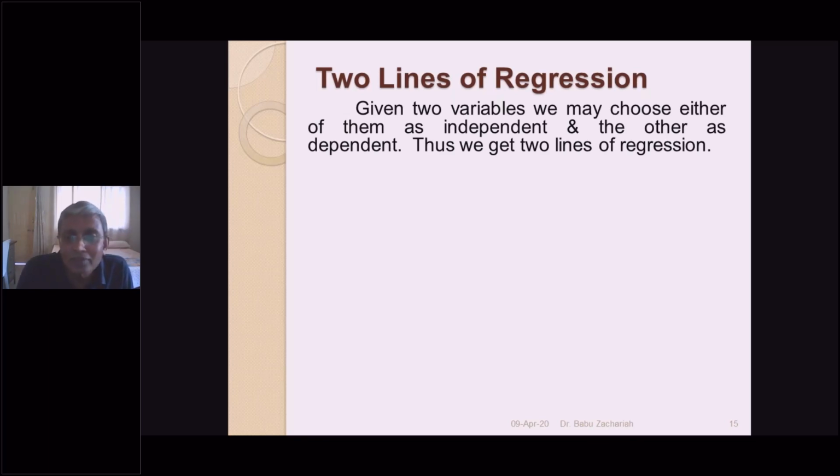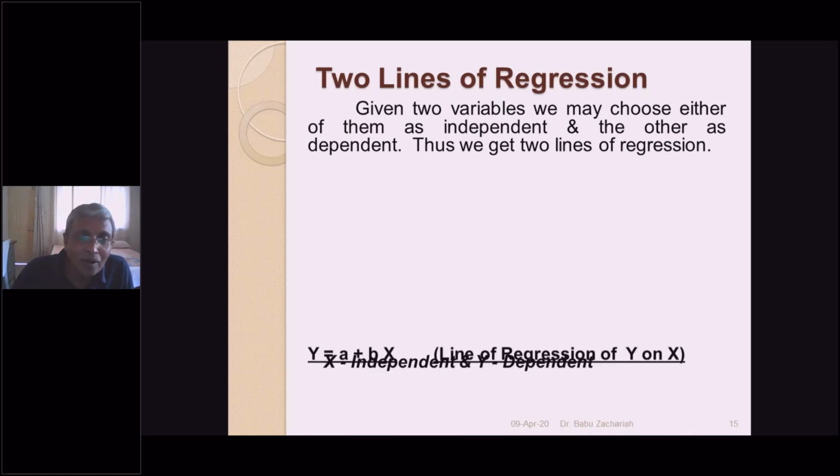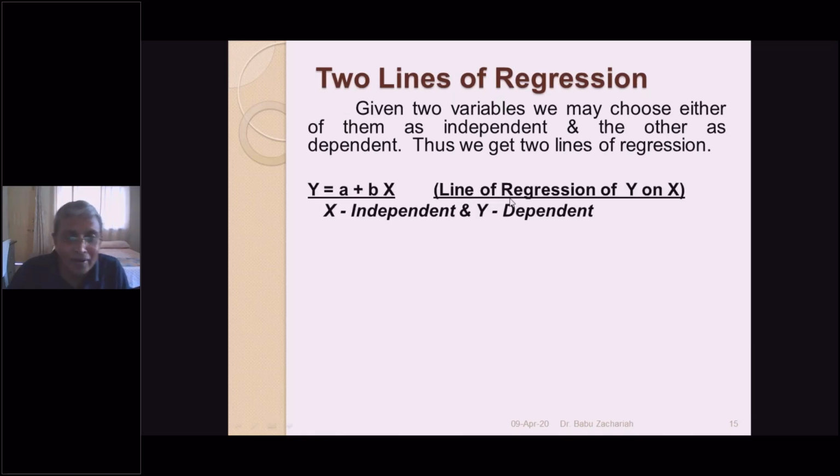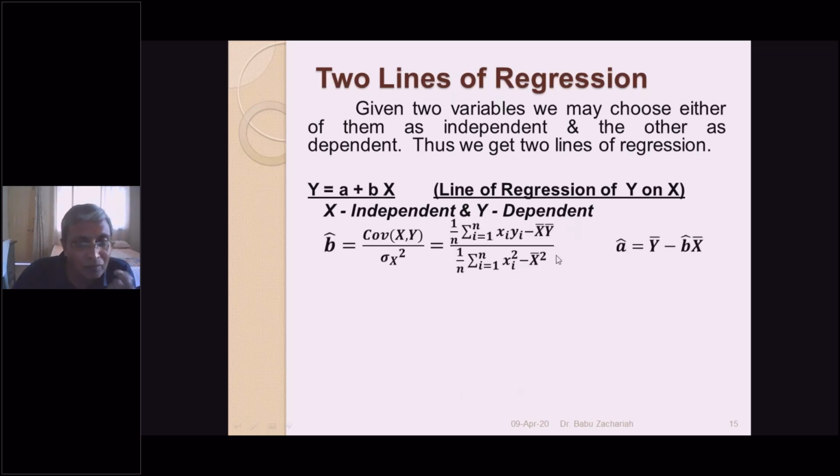So 2 choices, 2 lines of regression. So the first one, we have already done. Here y was a dependent variable, x was an independent variable. So that's what is written here. X is independent, y is dependent. And we use this formula, we did the calculations, everything is over.